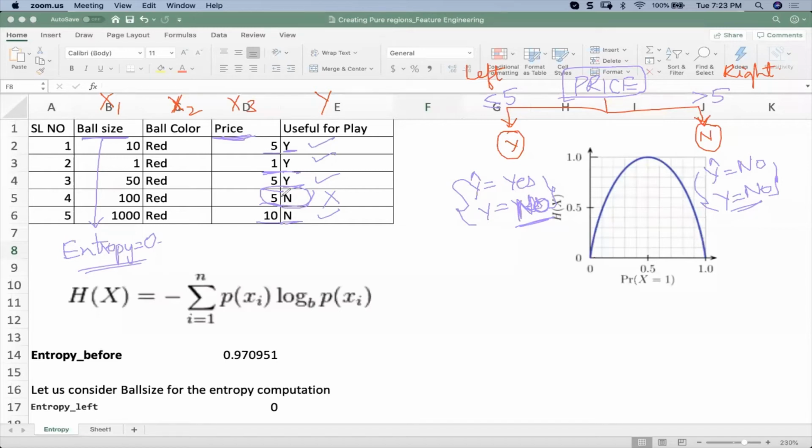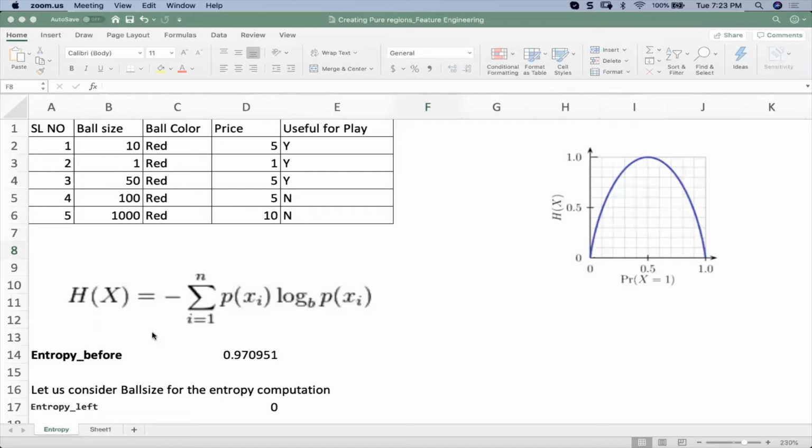All right, this is the underlying logic. Now let's calculate quickly. This is the formula for entropy, right? So first thing is, even before you take such a decision rule, even before you split the tree, you're going to look at what is the entropy in the overall data set.